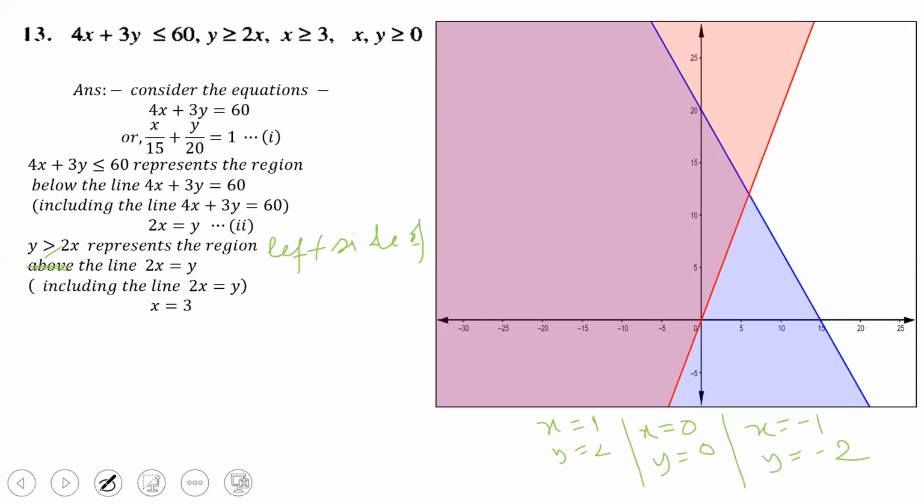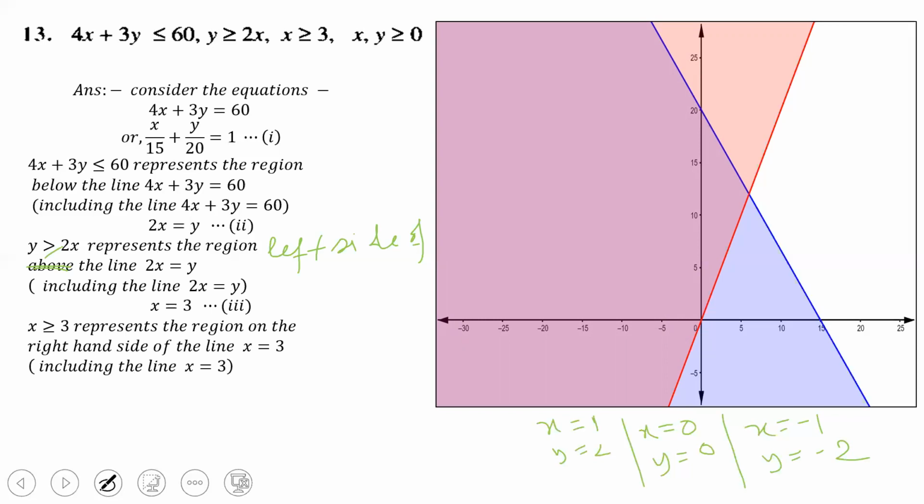Use the greater than or equal sign there. Next is x equals 3. So first of all, draw this line, and then x greater than or equal to 3 means this portion is represented by this inequality, the right hand side of this line x equals 3. Right? Now look at the common shaded portion.